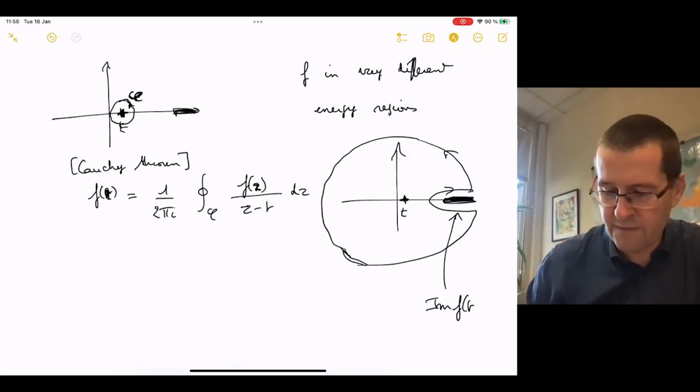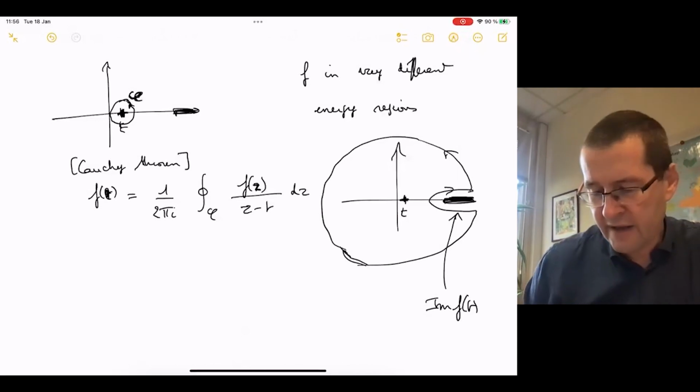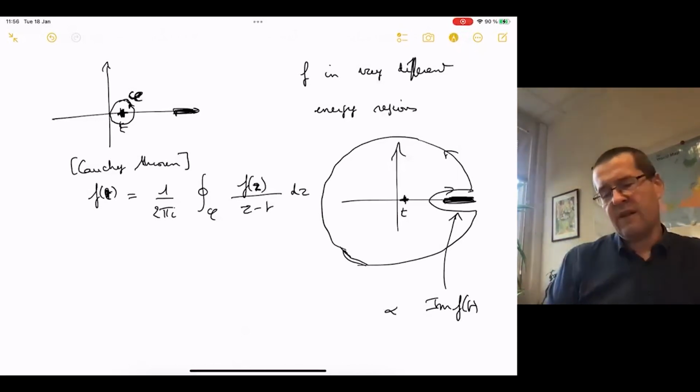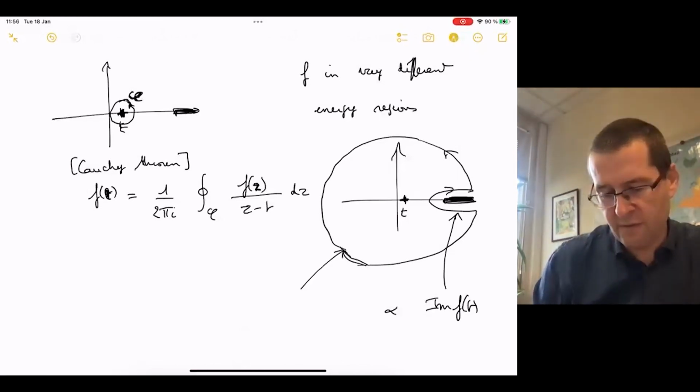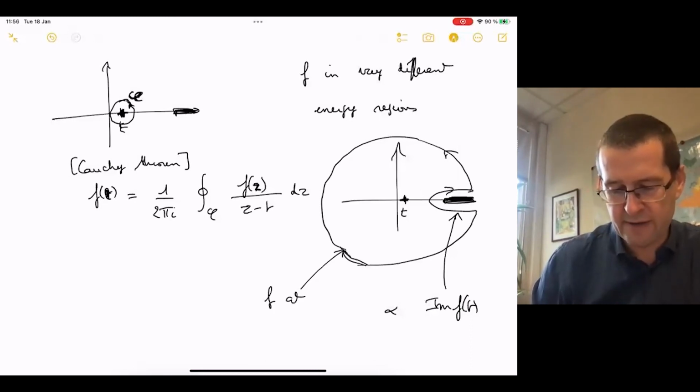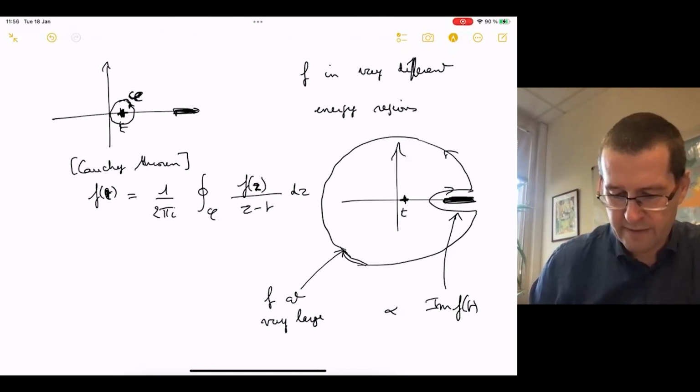That gives you something related to the imaginary part of f, and then the value of f at very large t.